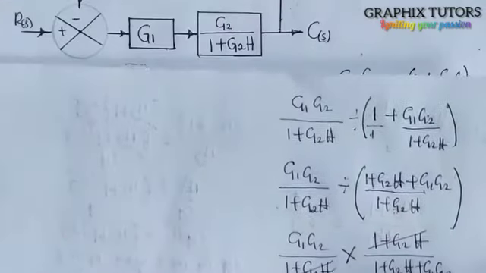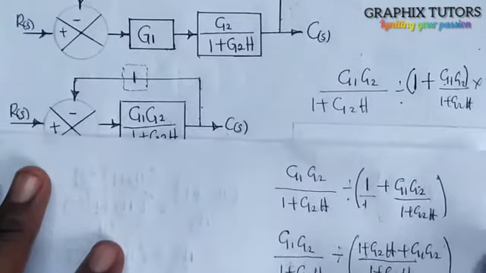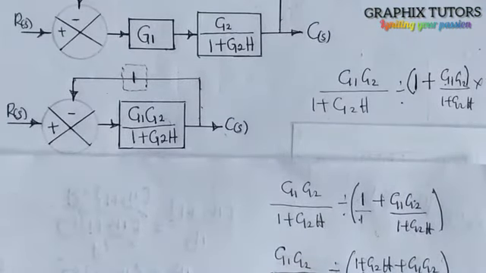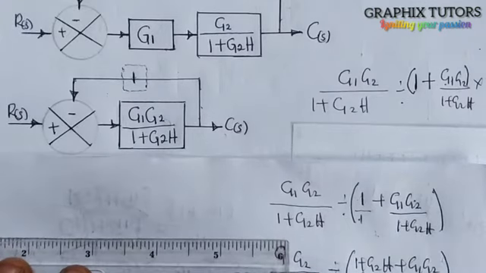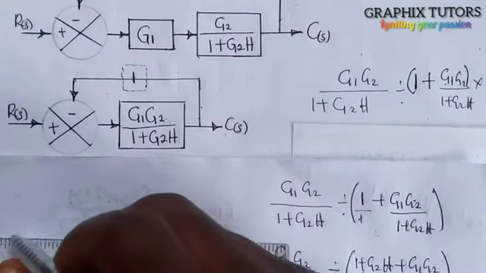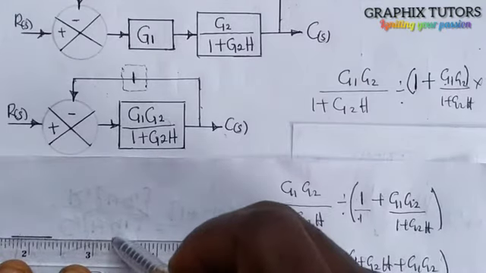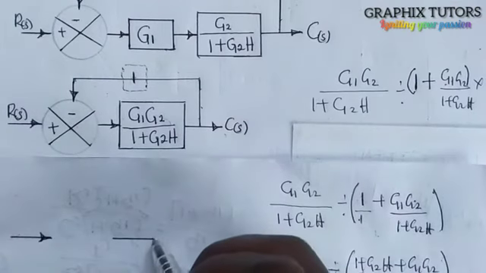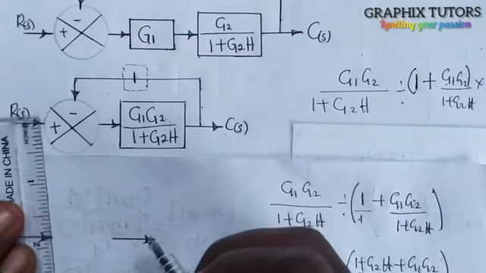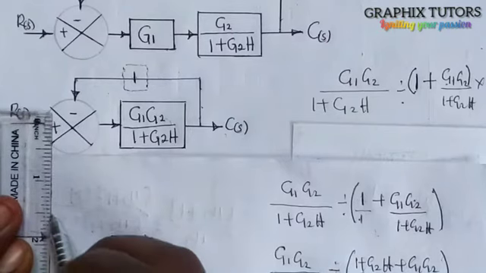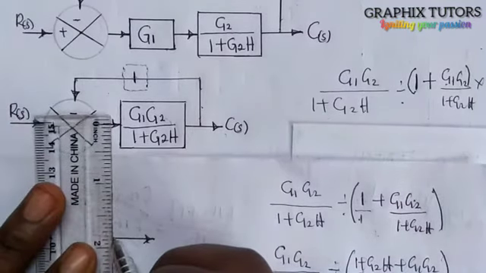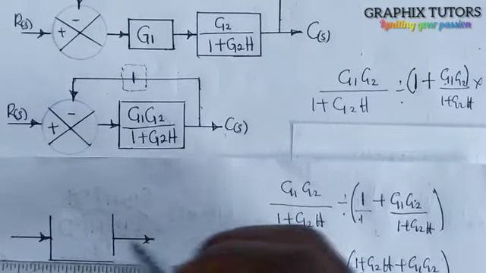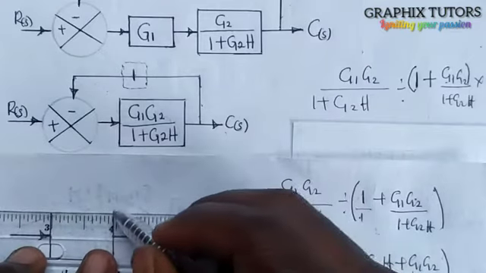If I now redraw what I have here, I'll be having something like this. This is the overall transfer function.